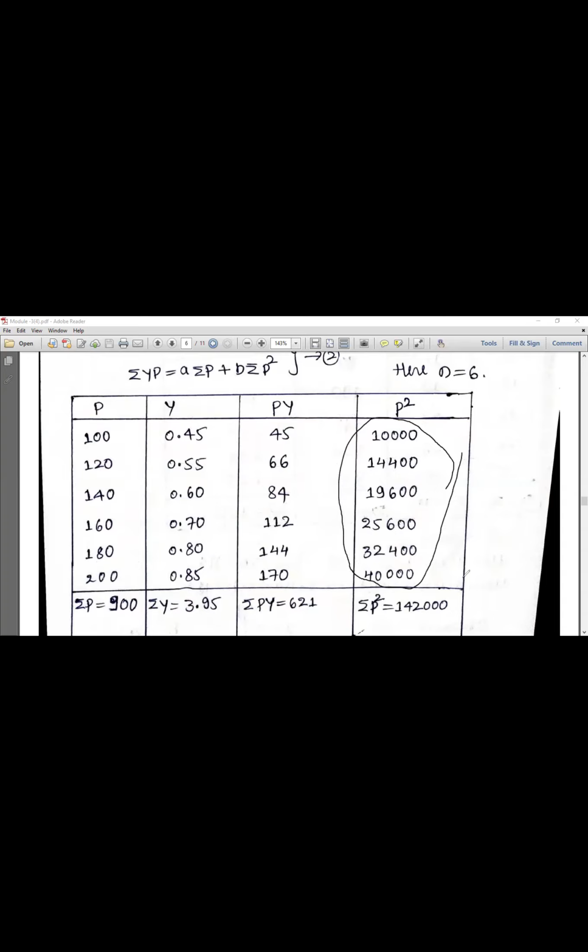When you add this column, it is 1,42,000. So these values of summation p, summation y, summation py, summation p square, I'll substitute in equation 2.